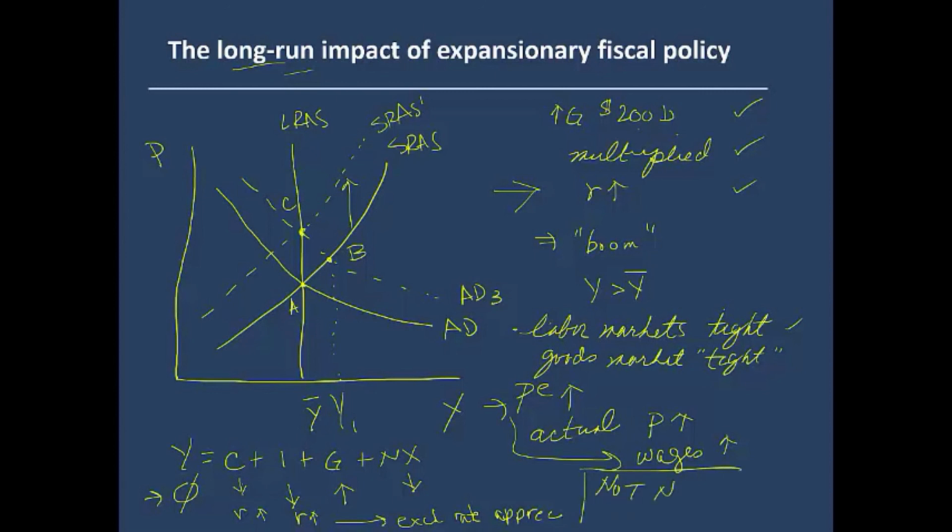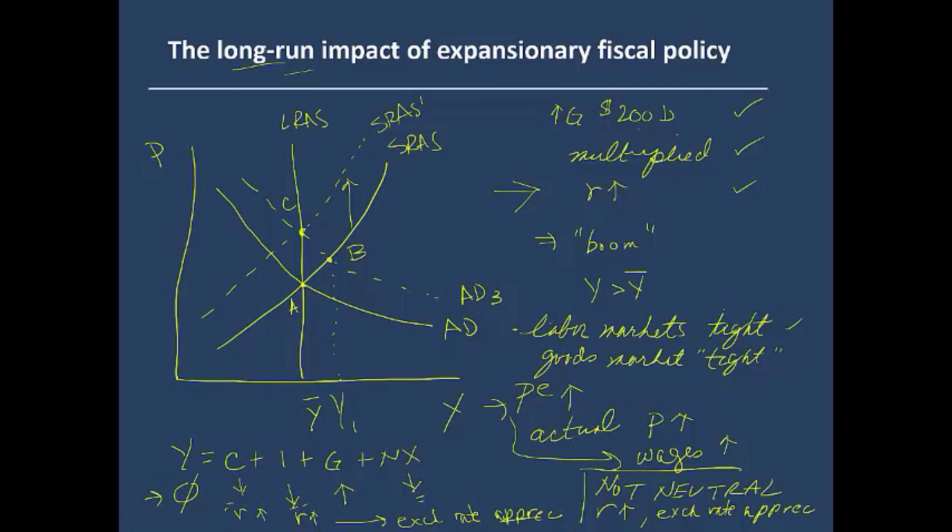It's not neutral because we end up with a higher interest rate, an appreciated exchange rate, and because of those things, we have lower investment, lower net exports, and maybe consumption spending that's a little bit lower.